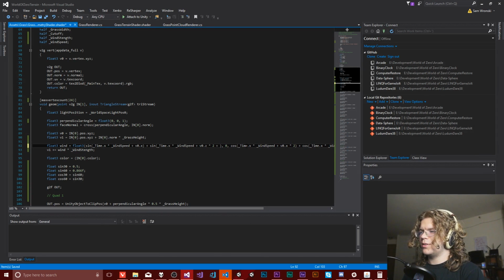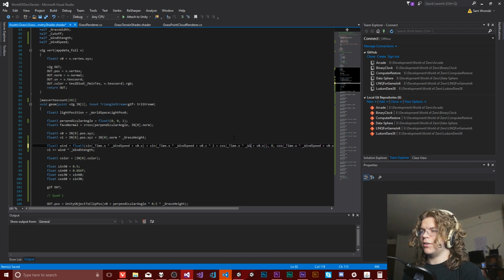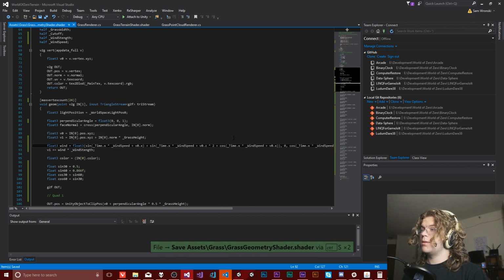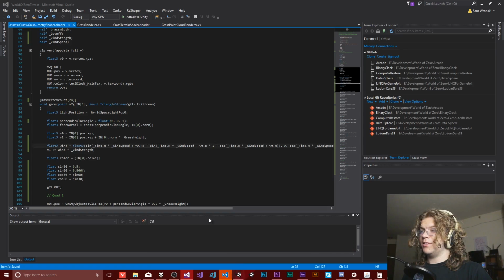What if I do a wave inside of a wave? So time dot x plus v0 dot x, times our wind speed. No idea what this is going to result in. Absolutely nothing.